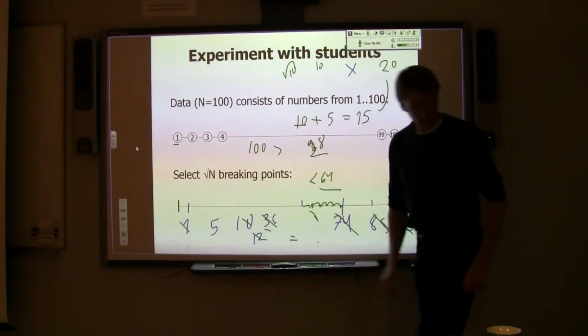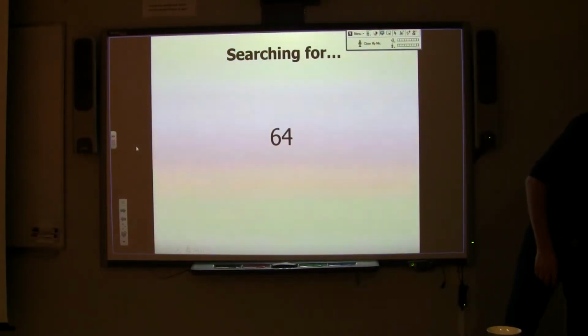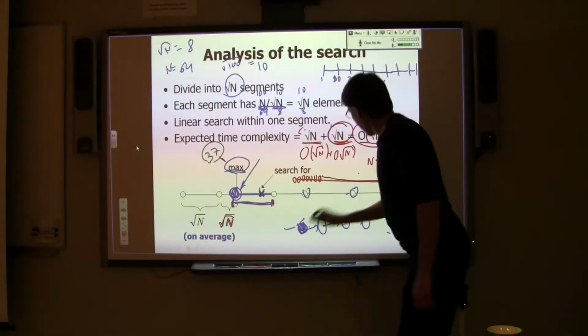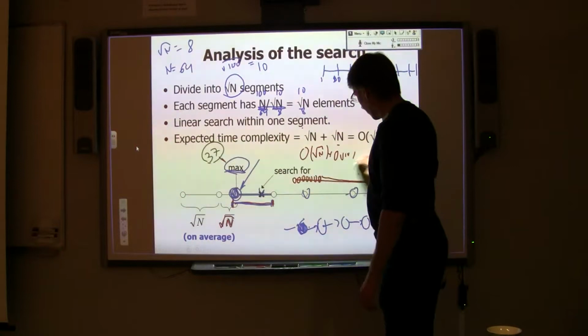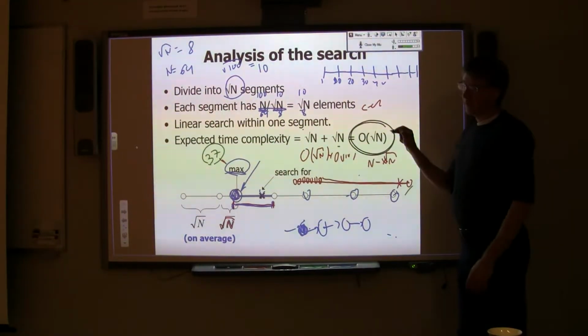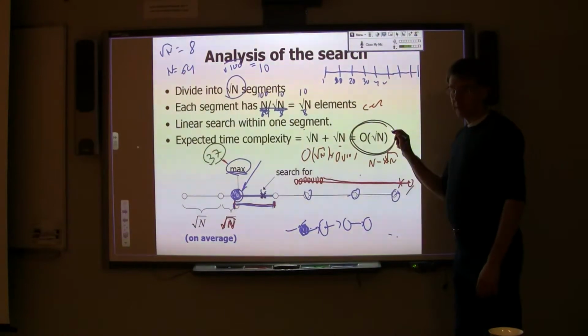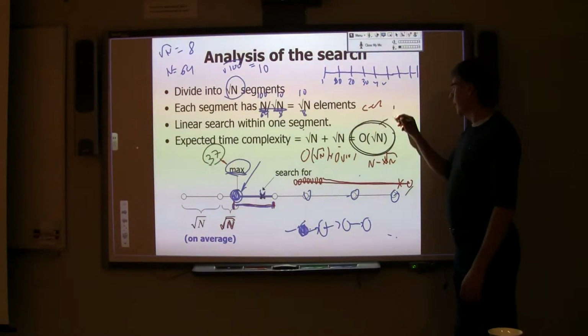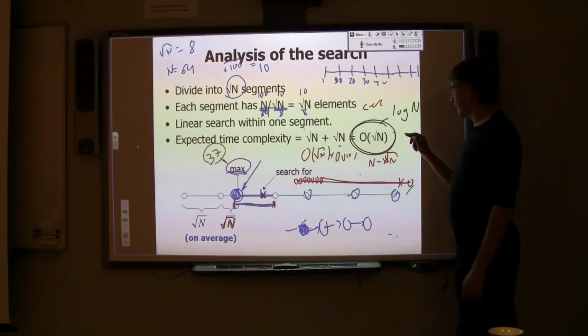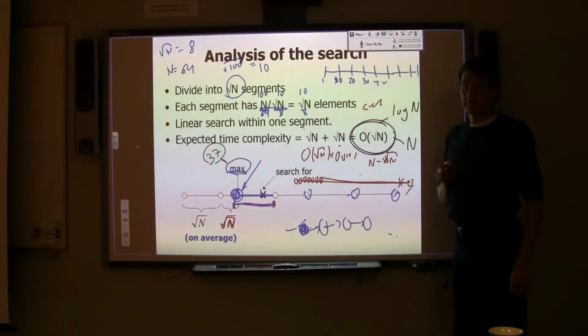So the time complexity here is really square root of n. I said it's not a complete solution, it's a compromise. This is more than logarithm of n, but it's still much faster than n, right?